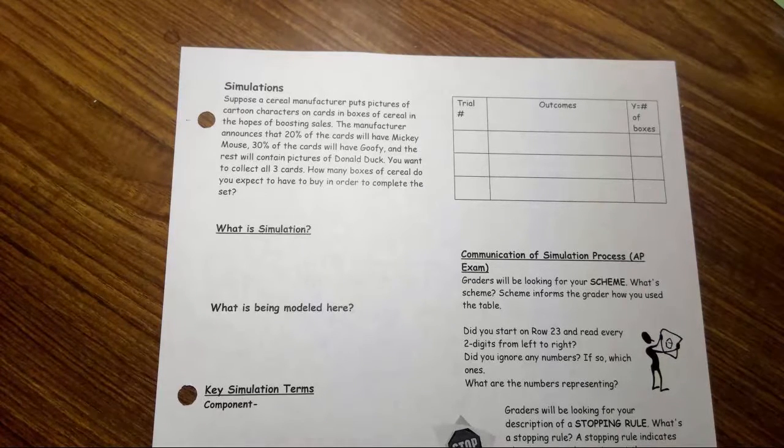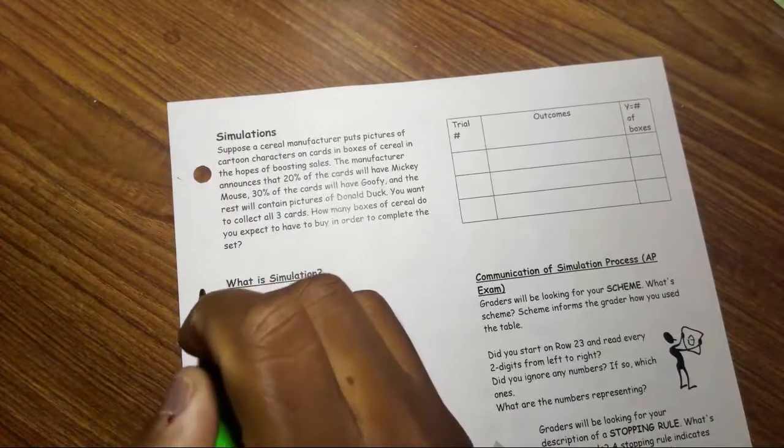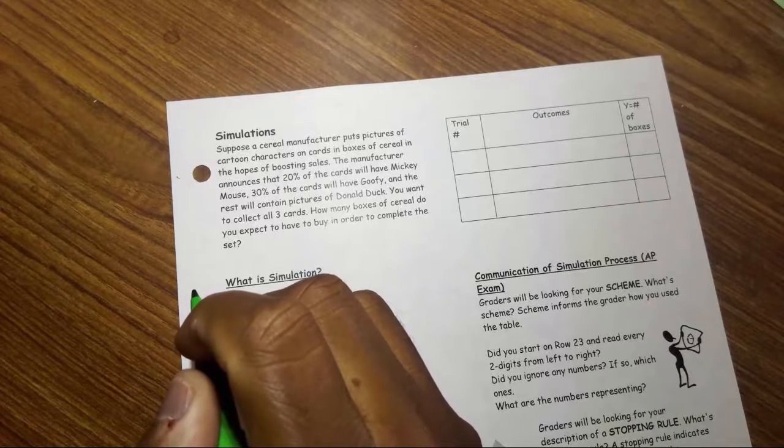So we're going to do what's called a simulation. A simulation, we just said, was, let me get the actual definition for you, because I don't want to mess that up.